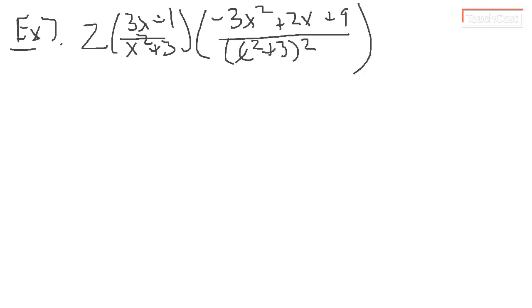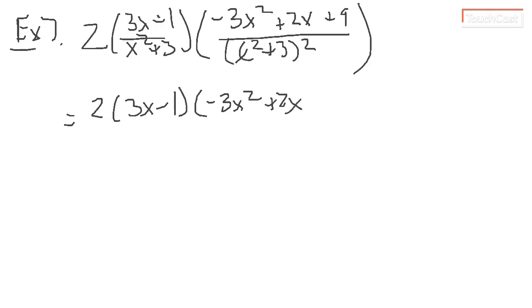Alright, so now let's multiply. We'll multiply our 2 by our numerators, so we're going to have 2 times 3x minus 1 times negative 3x squared plus 2x plus 9 all over, we'll multiply our denominators, and x squared plus 3 is part of both of them.